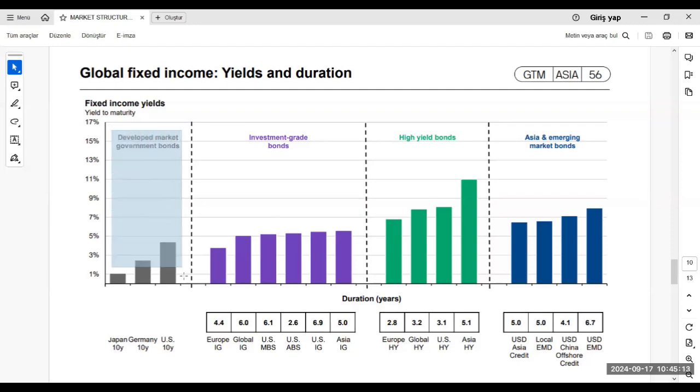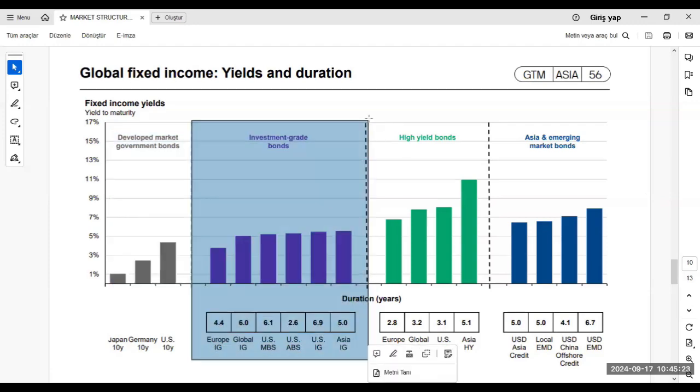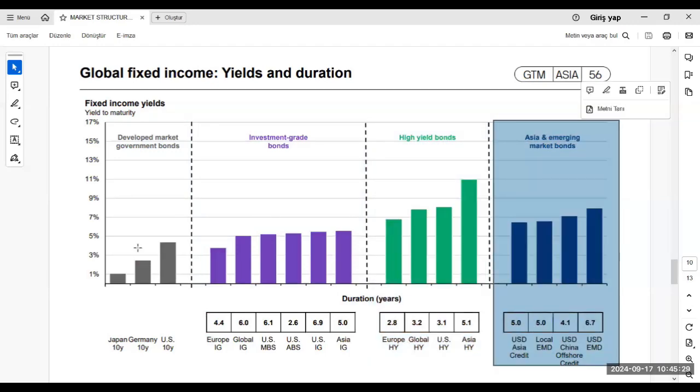So these are the developed market government bonds, Japan, Germany, and the United States, 10-year treasury yield. These are the investment grade bonds all over the world, high yield bonds, a little risky, and Asia emerging market bonds, here as you see. The bond prices will rise because the interest rate will be decreasing in the financial market in the next couple of months.